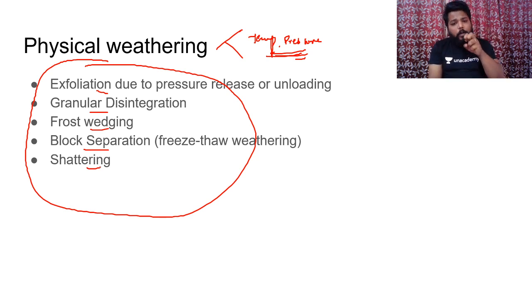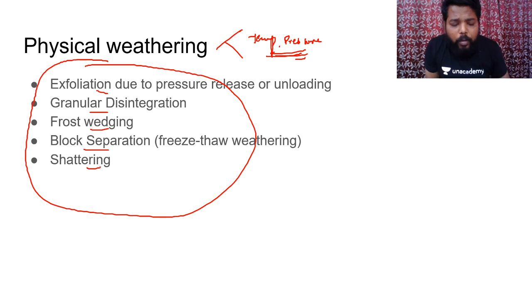During the morning, when we have maximum temperatures in deserts, we have expansion of rocks. During the night, when the temperatures drop down, we have contraction of rocks. So during this alternate expansion and contraction, certain blocks disintegrate from the main block. That is nothing but a process of physical weathering itself.